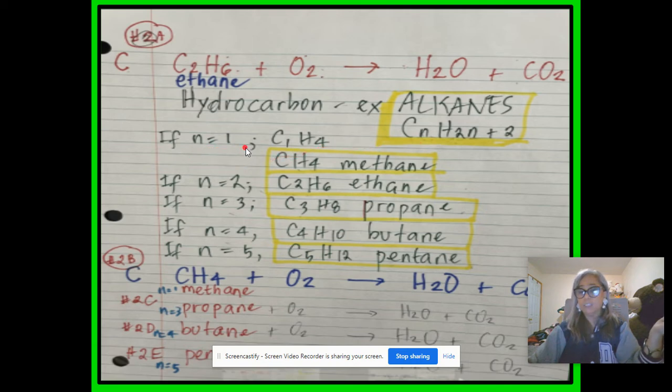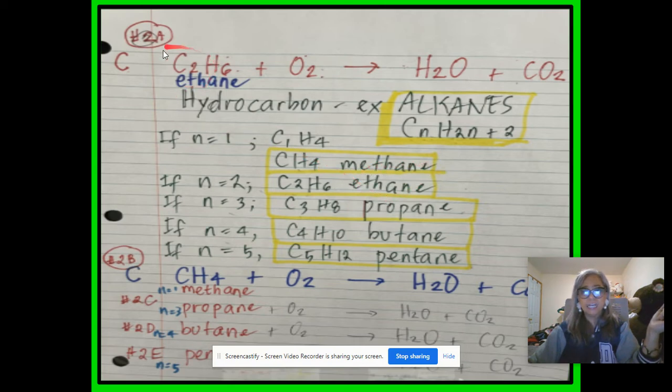Let's say if n is equal to 1, that would be C1, but there's an understood 1 there. You don't have to say C1. So 2 times 1 is 2 plus 2 is a 4. That's why the first member of the alkane family would be CH4 or methane.